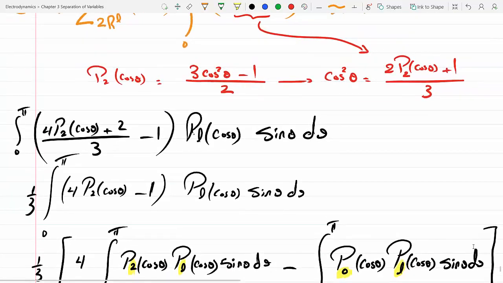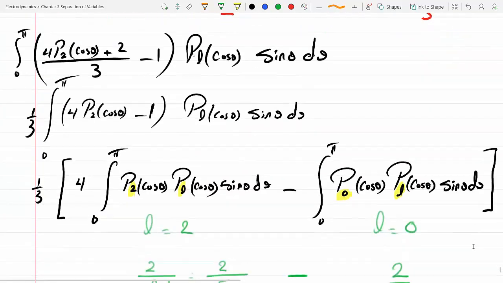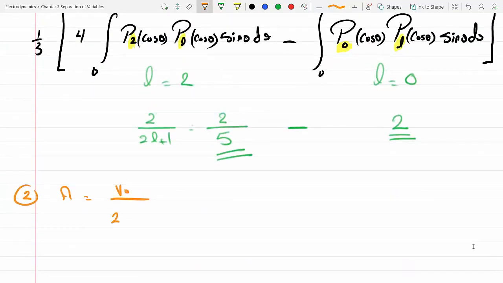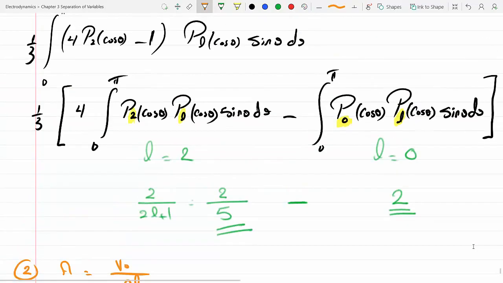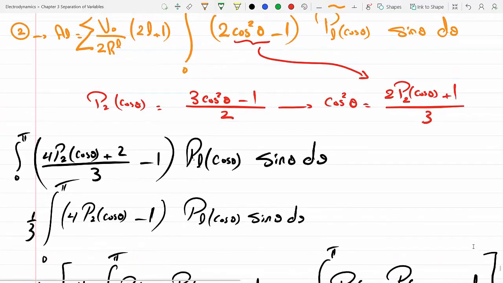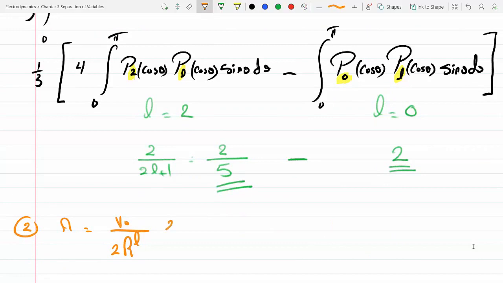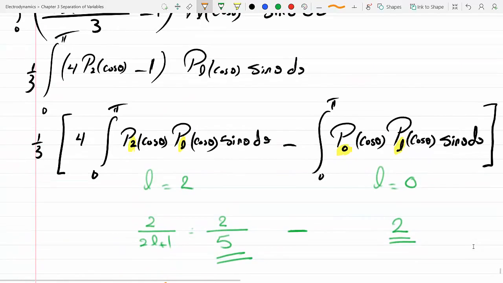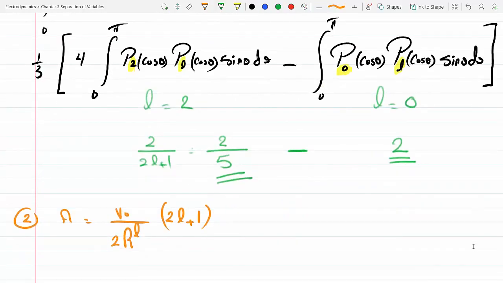Okay, so I'm going to go back to equation 2, and I'm going to rewrite this as V0 over 2R to the L, times (2L plus 1), times 1/3, and now I'm going to open bracket, and this is going to be 4.